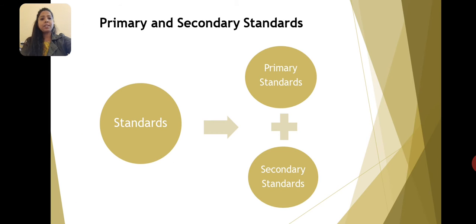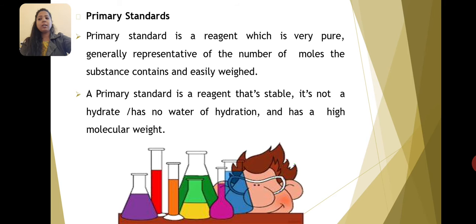There are two types of standard solution, primary standard solution and secondary standard solution. So, let us discuss in detail. The primary standard solution has certain properties: it is very pure, stable, not a hydrate, and has a high molecular weight.